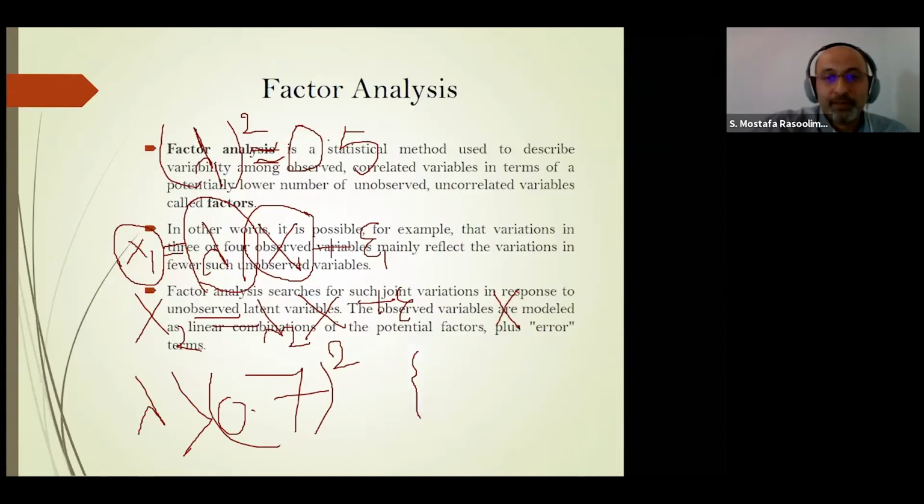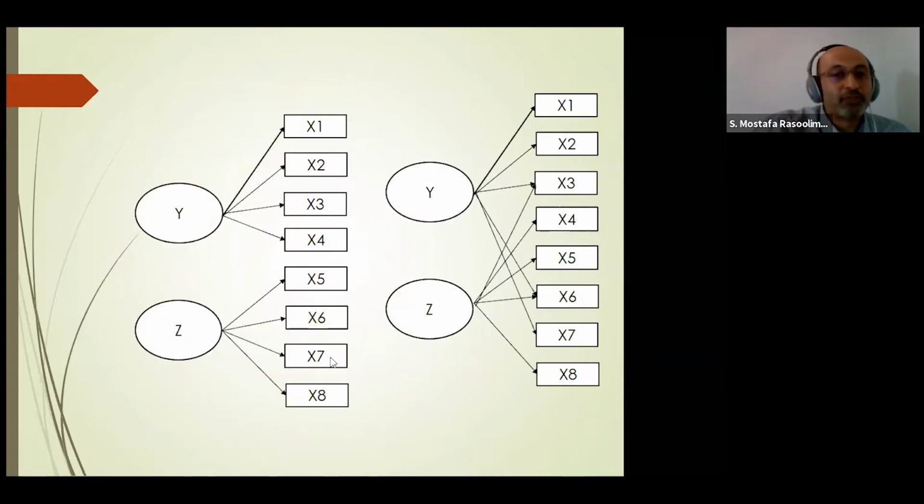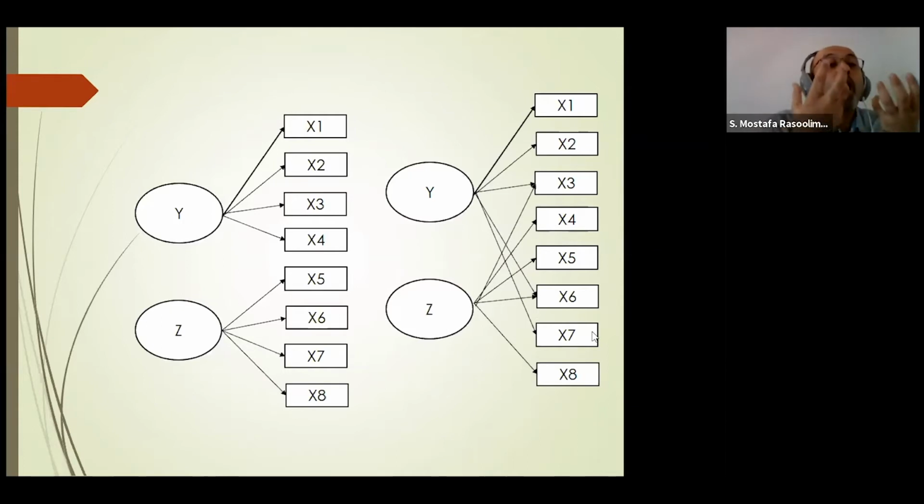For example, here, when we run factor analysis and we find x1 belongs to y, it means among these 8 items, x1, x2, x6 and x7, these 4 items have the highest common variance with y, and we identify this based on loading.